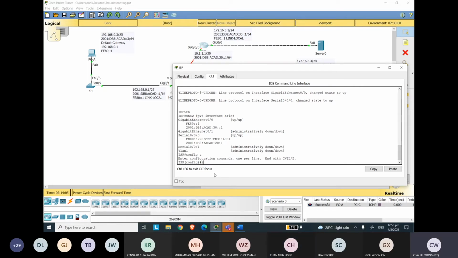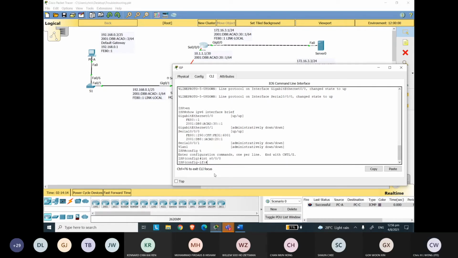So it's supposed to be interface S0/0/0. Wow, you guys are good. Okay, so right now you're going to take out the IPv6 address, the address that was wrong: 2001 colon DB8 colon ACD.